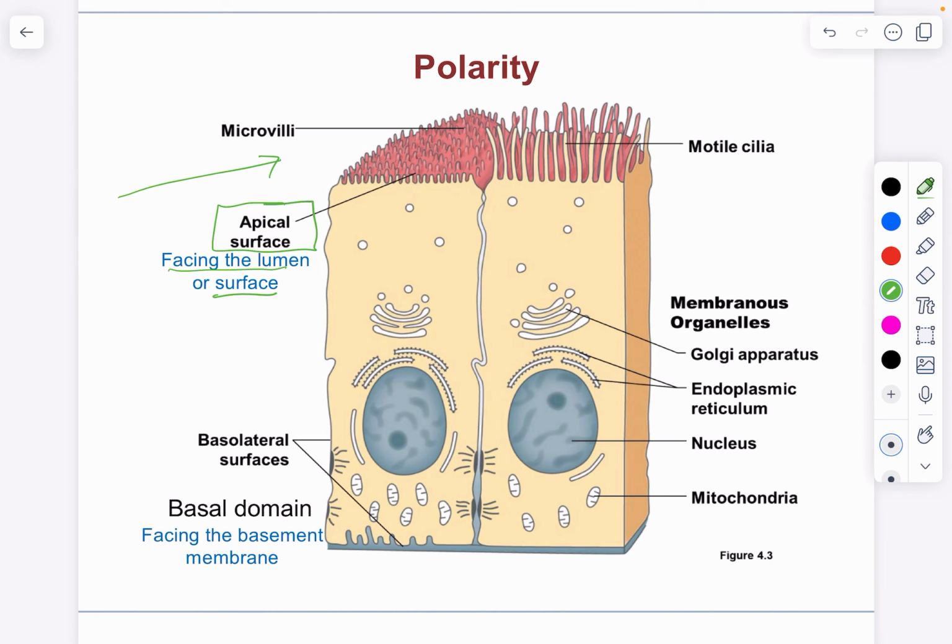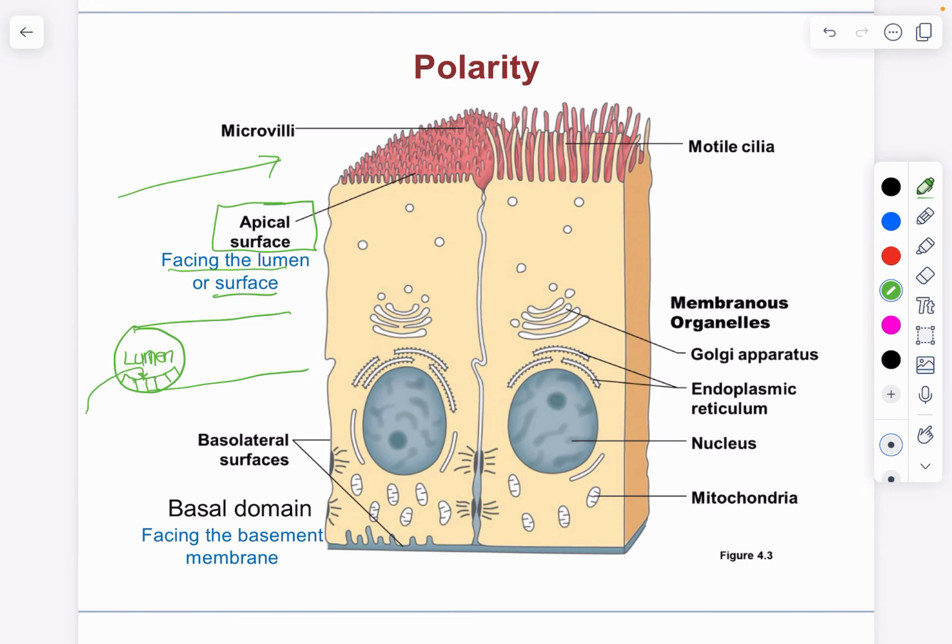What is a lumen? So the lumen is the inside of a vessel. So the lumen is here. So if this were a blood vessel, blood is flowing within the lumen of the vessel. So if you had cells all along here, the apical domain is the side facing the lumen.